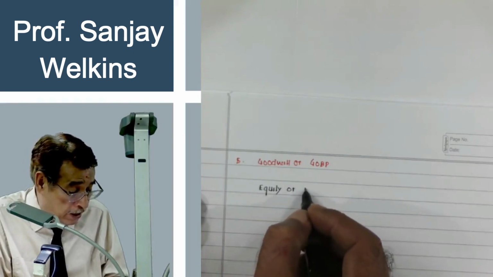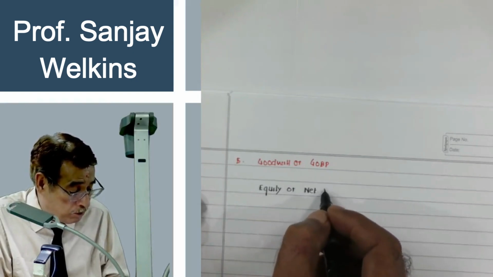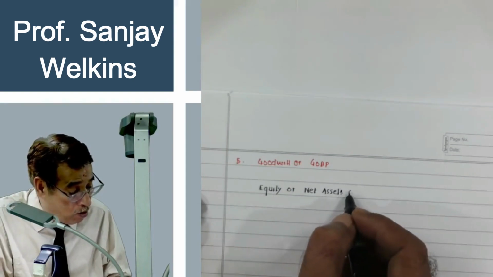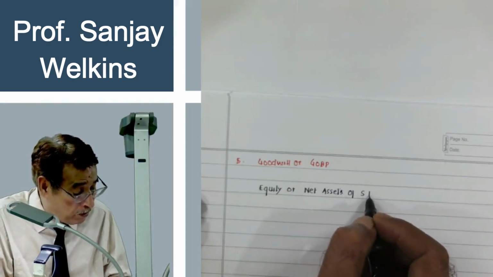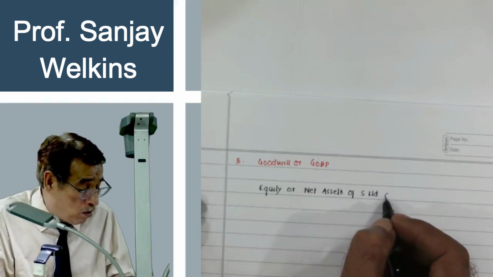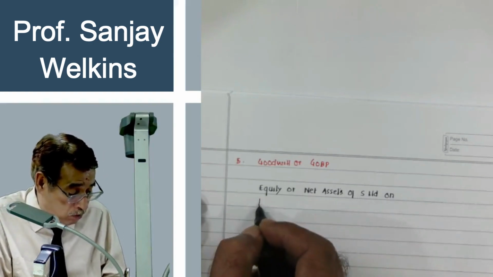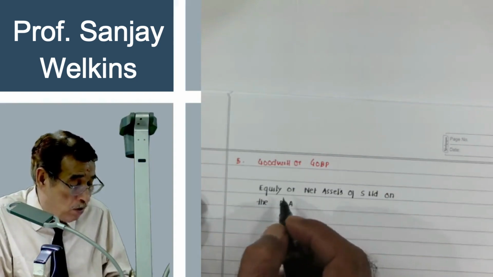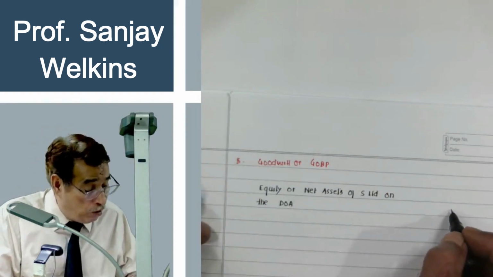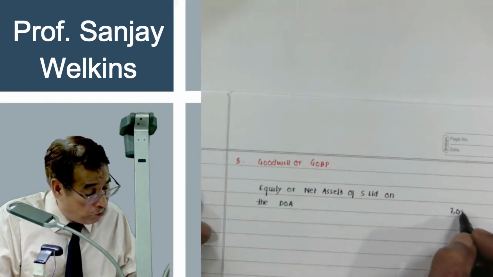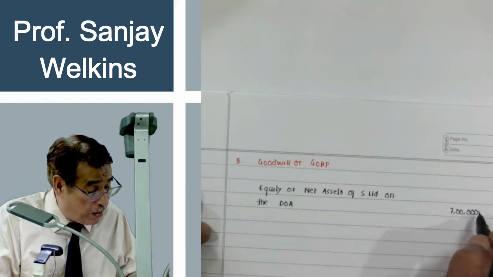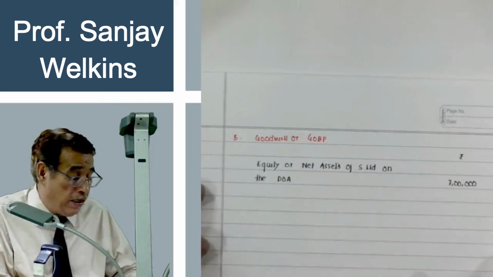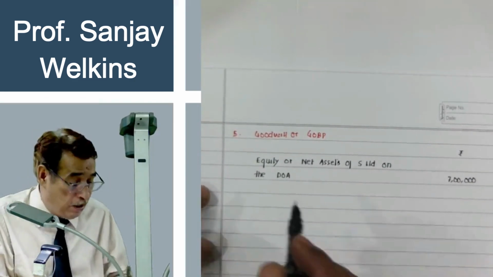Equity or net assets of S Limited on the date of acquisition. And through the table, we have already computed that on the date of acquisition, the balance in equity or net assets of the subsidiary company was 7 lakh.